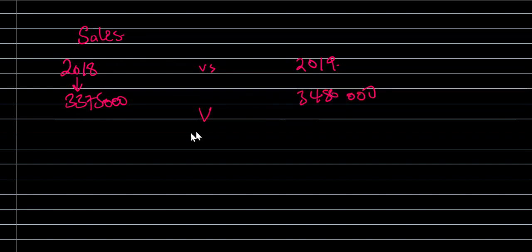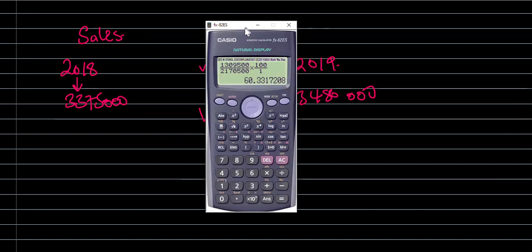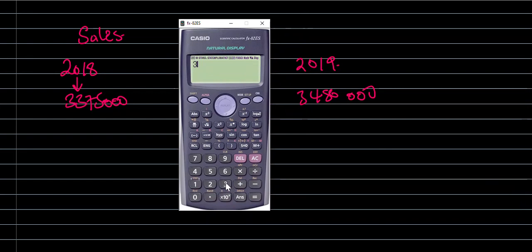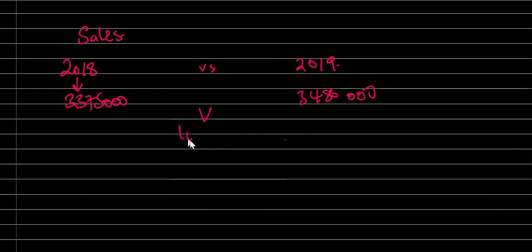The difference there, how much is the difference? Let's look at the difference there. Difference will be 3375 minus 3480. Difference is 105. 105,000. That's the difference.